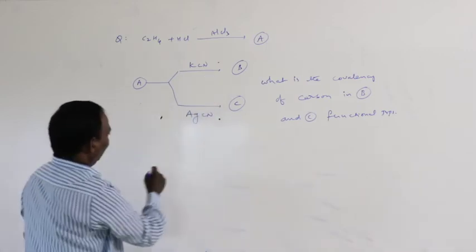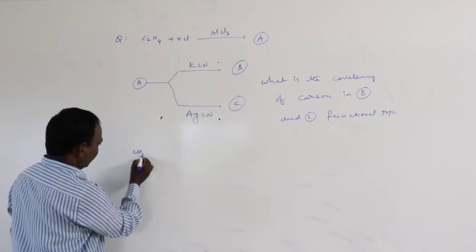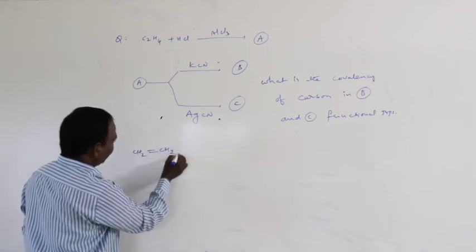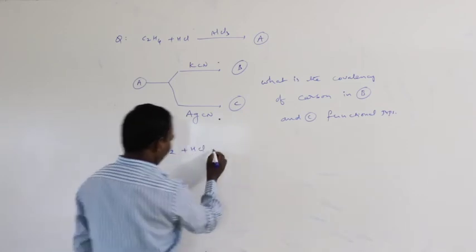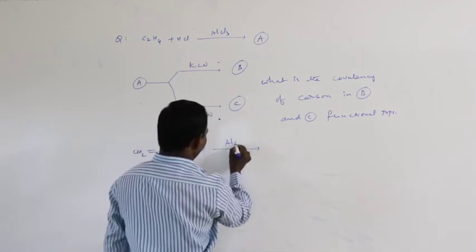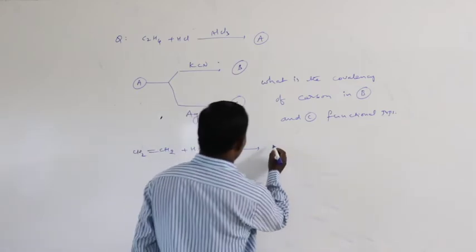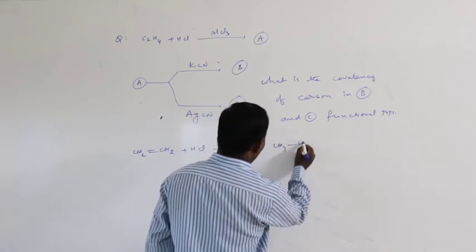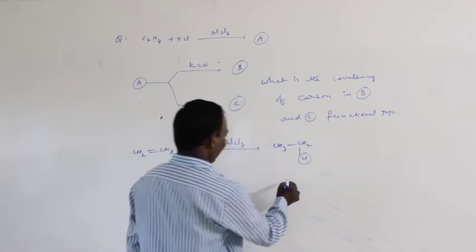So now compound A is CH2=CH2, ethene, plus hydrogen chloride in the presence of AlCl3. It gives ethyl chloride, CH3CH2Cl.